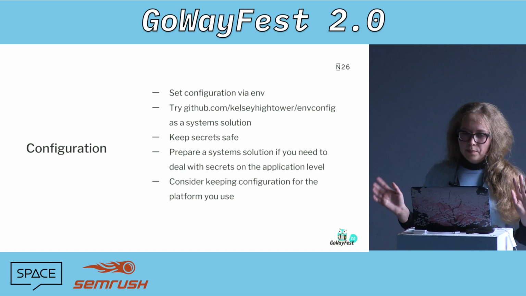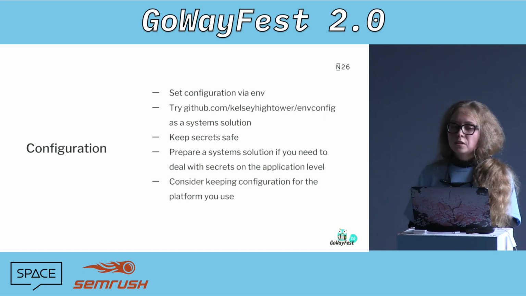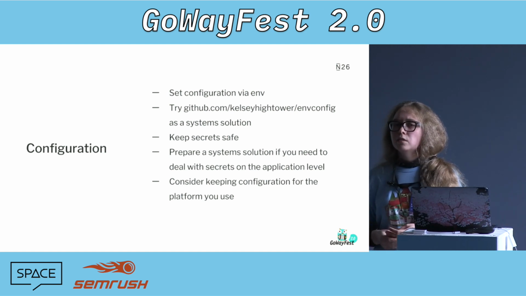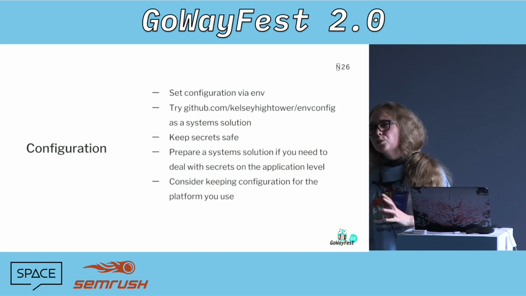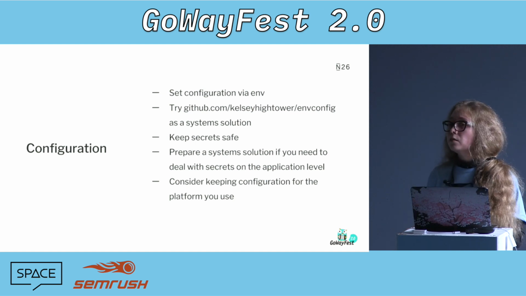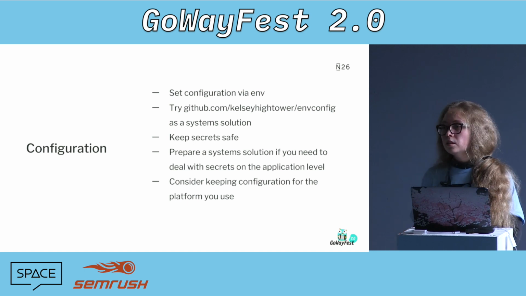Okay, next important thing is configuration. And 12-factor recommends that we set configuration via environment parameters. But if you read environment parameters one by one, and you have quite a lot of these parameters, your source code will probably not be very nice. And there is a simple solution that I like very much, the envconfig library that was written by Kelsey Hightower.